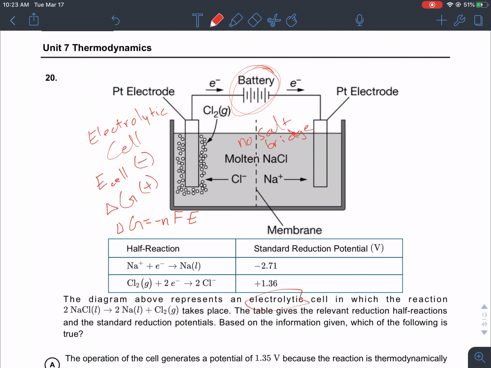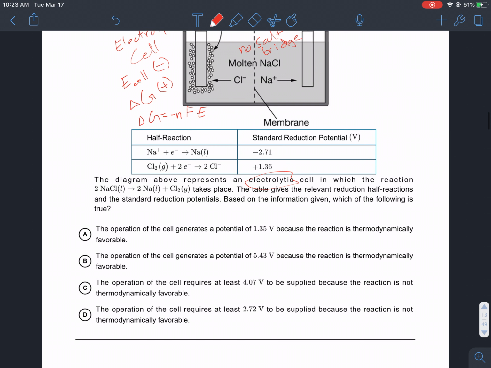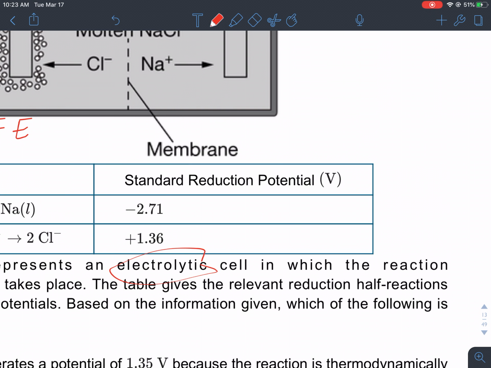Okay, now we gotta figure this out. You're either gonna have negative 2.71 minus 1.36, or you're gonna have 1.36 minus negative 2.71. And I'm just gonna let you know right now, this one right here cannot be.